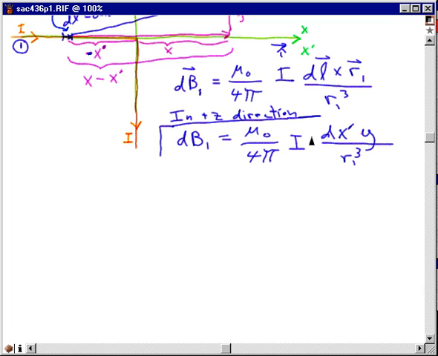So I've got to integrate. Just say the sum on this side, the infinite sum of all the little contributions, dB1. And on this side, I want x prime to run from minus infinity all the way up to infinity.